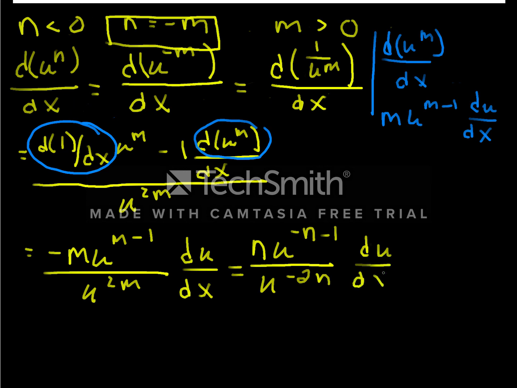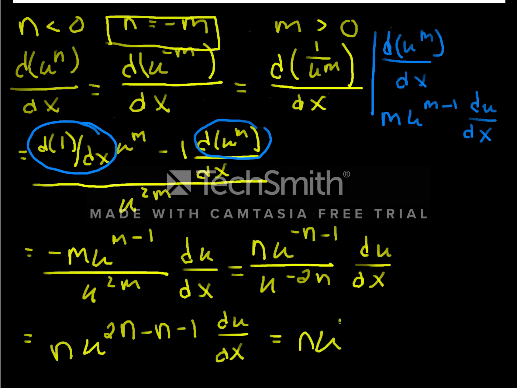And doing a little bit of algebra to clean this up, this is equal to n times u to the 2n minus n minus 1, du/dx, which is equal to our familiar n u to the n minus 1 du/dx.